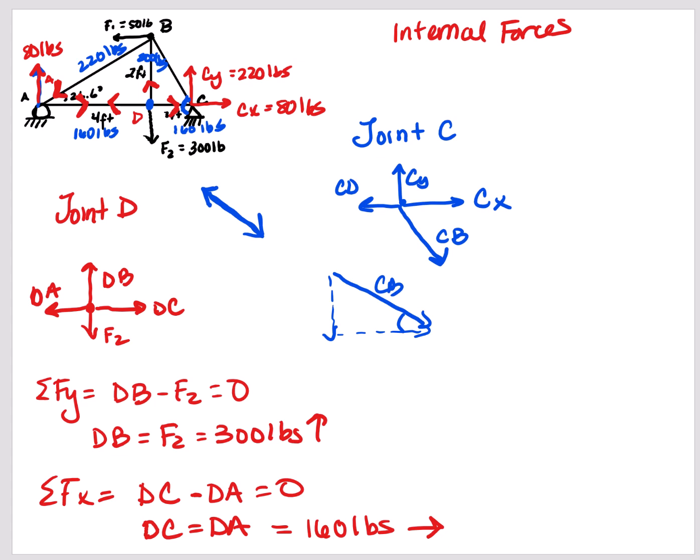This angle was provided for you on the worksheet. Since this is next to it, CBX is going to be CB cosine theta. CBY is going to be CB sine theta because it is opposite.